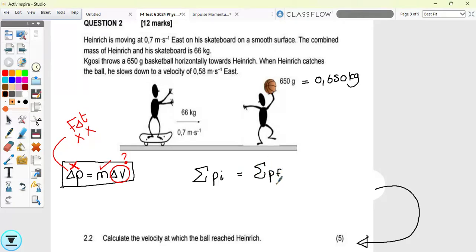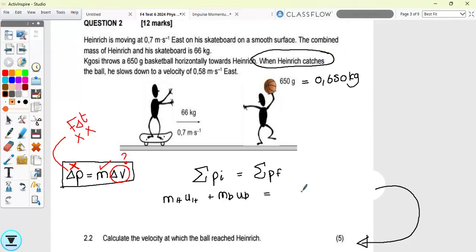So look out for laws, they help you. Now we've got two things moving before the collision. So we've got M Heinrich, U Heinrich, plus M ball, U ball is equal to, now this time Heinrich is catching the ball.